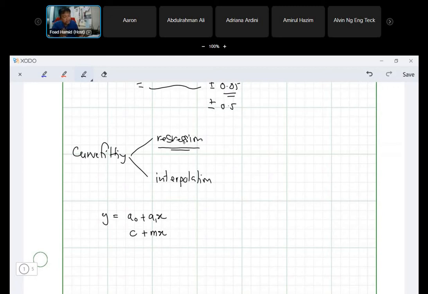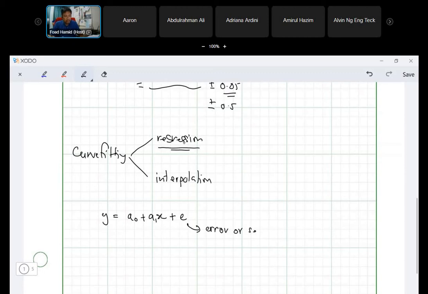And of course, this is our true value. And we have some errors, E, or what the proper term is, residual.